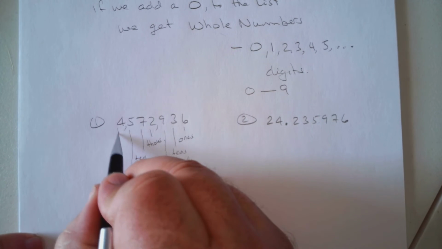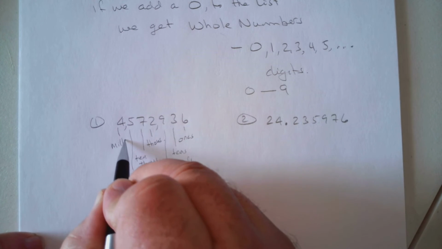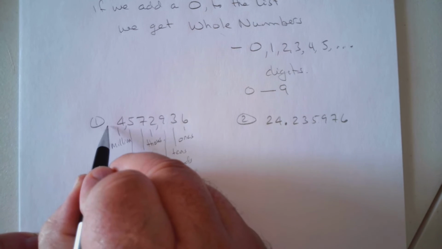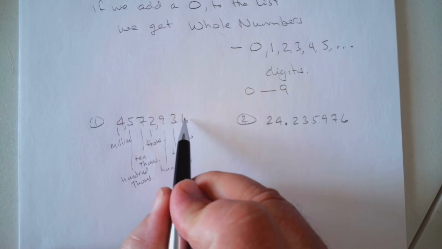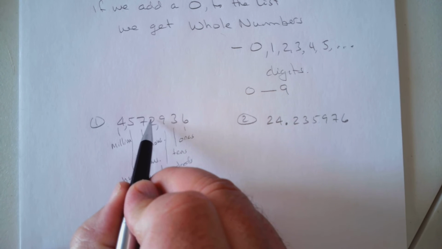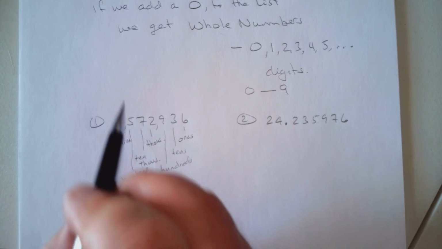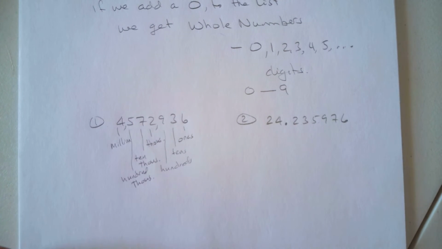Then we have the millions, 10 millions, 100 millions. Then the billions, 10 billions, 100 billions. So it keeps on going in that pattern: ones, tens, hundreds, thousands, 10,000s, 100,000s, millions, 10 millions, 100 millions.